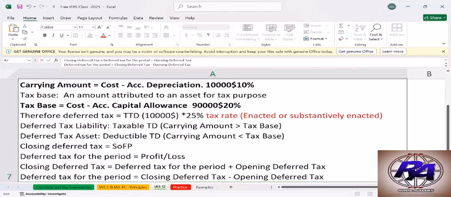So the closing minus the opening will give you the amount for the period. And when you add the two, your deferred tax for the period plus your opening should give you the closing deferred tax.